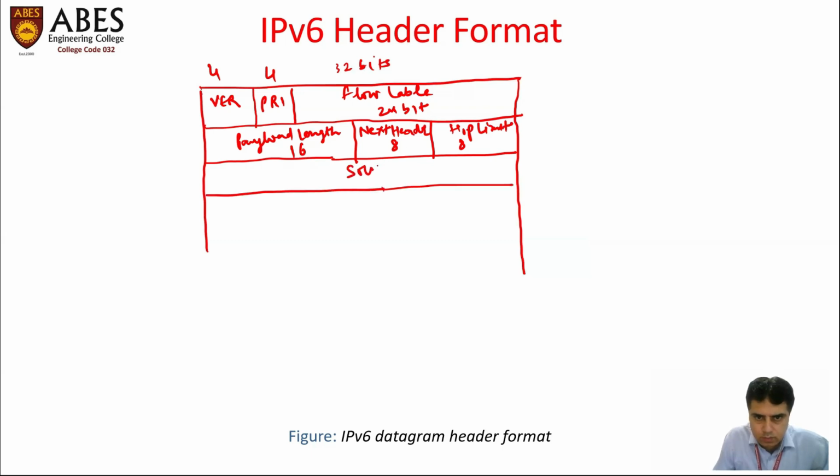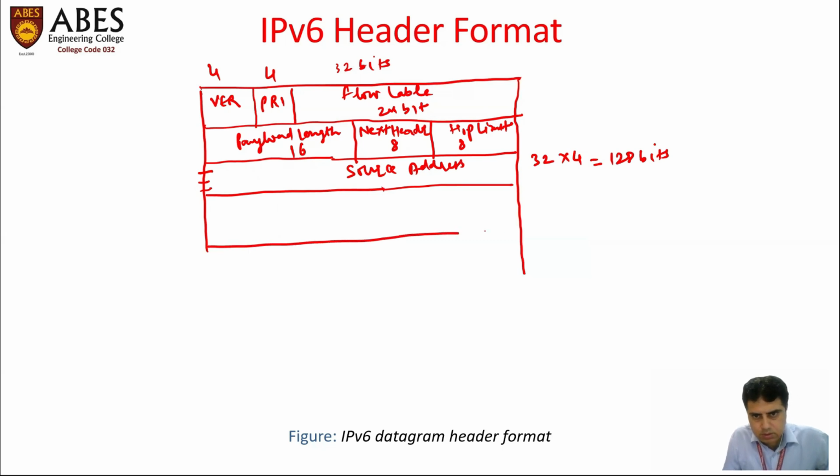Then the source address. This is 32, 32, 32, 32, total 4. 32 bits into 4, this is 128 bits. Next is the same, 1, 2, 3, 4. This is the destination address.